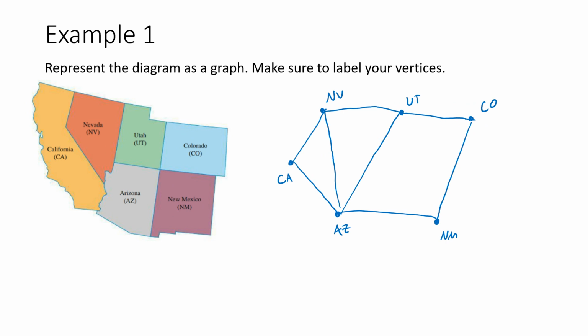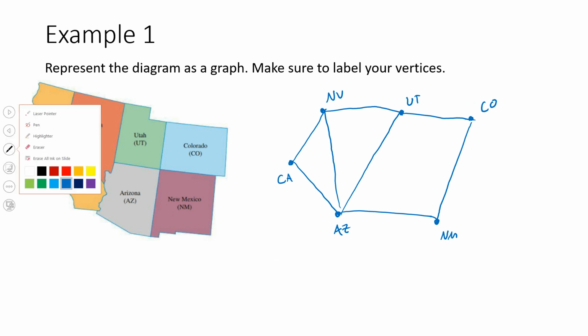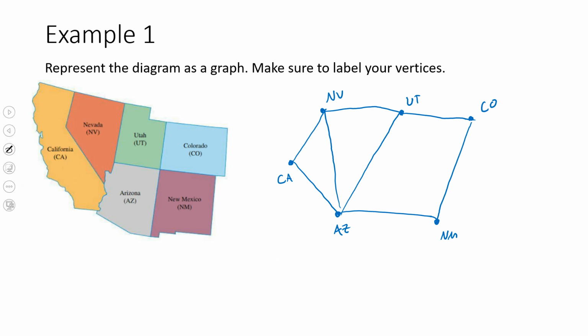Now let's look at the degrees here, just for funsies. What's the degree of California? How many edges are connected to it? 2. So the degree is 2. What's the degree of Nevada? 3.